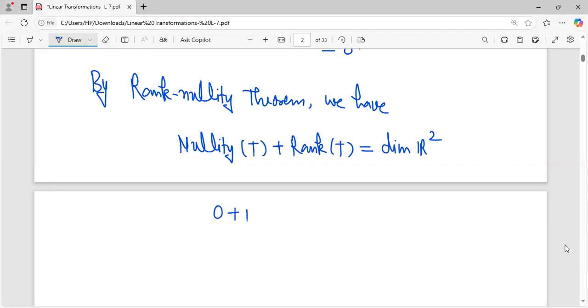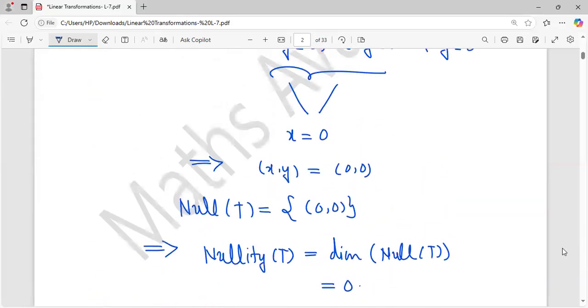Nullity is 0, and the dimension of R square is 2. So this implies rank of T is equal to 2.